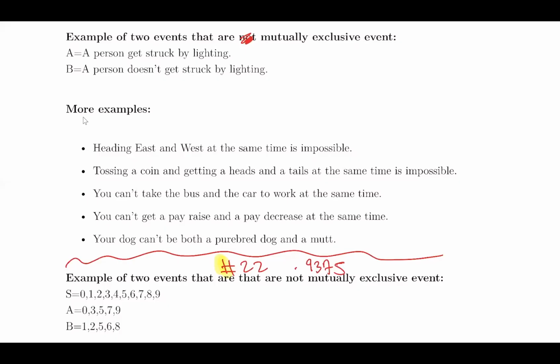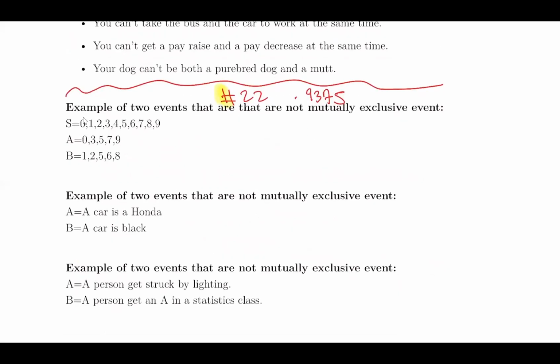All right, so let's go into chapter 5. If you remember, we left off when we were doing mutually exclusive events, and we went over what a mutually exclusive event is.